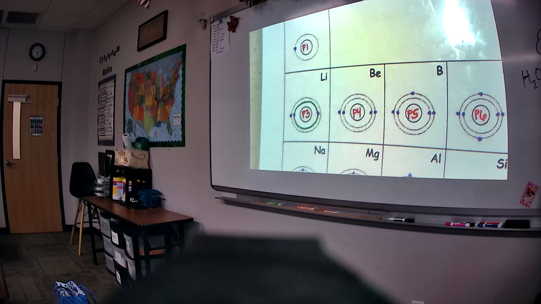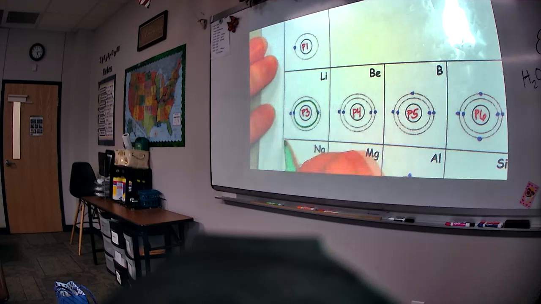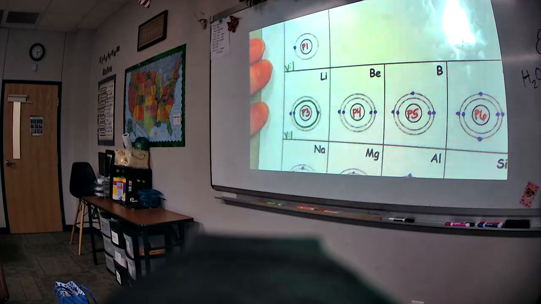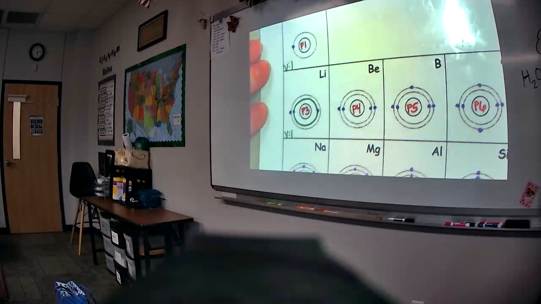Now, how many valence electrons does lithium have? 1. Very good. It has 1 electron in the outer shell, in the shell that's not full. So below that, I want you to put V1. We'll go ahead and write that for hydrogen too. V1.